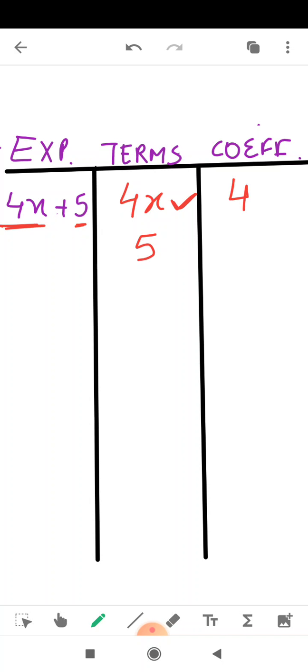So 4 is the coefficient of this term. Simple coefficient means numerical coefficient, the number in that term. Now in this term, this is a constant term already, no variable. So the coefficient is the number itself, that is 5. So terms are 4x and 5. And coefficient of first term is 4, coefficient of second term is 5.